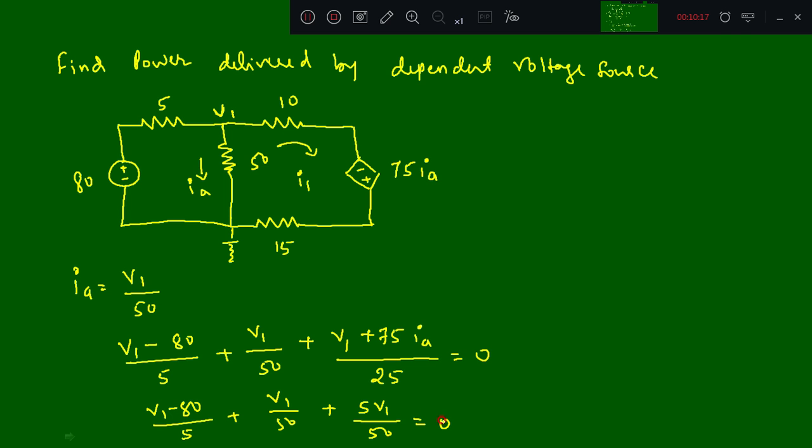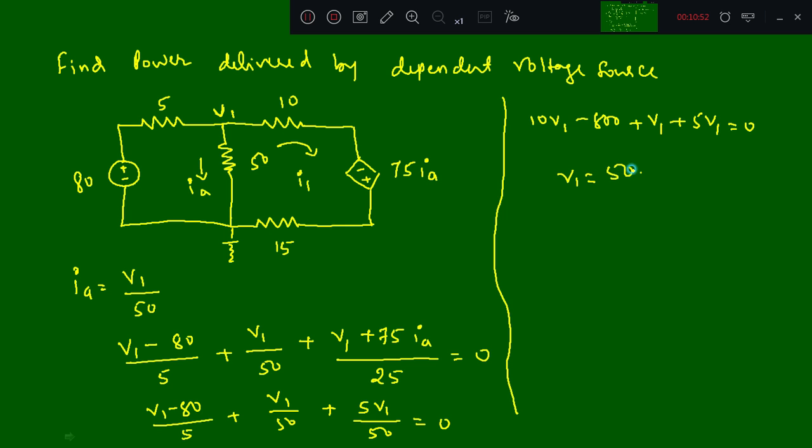Taking the LCM, it becomes 10 V1 minus 800 plus V1 plus 5V1 equal to 0. So V1 is equal to 50.